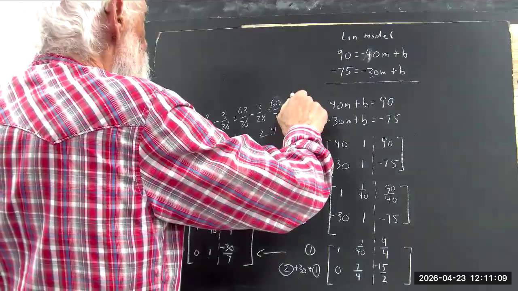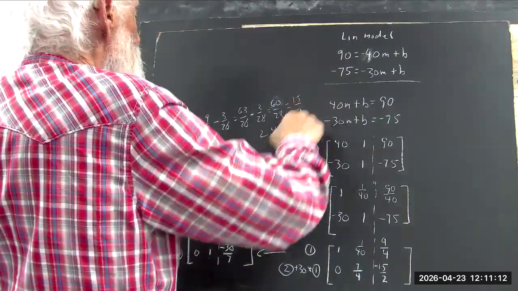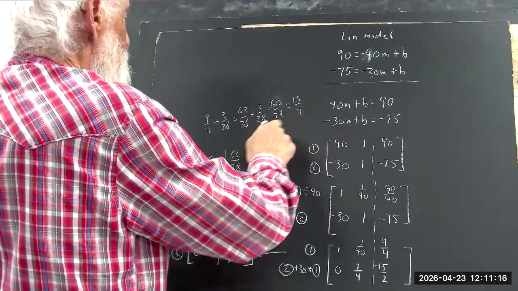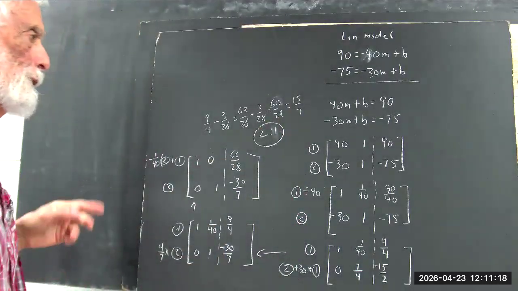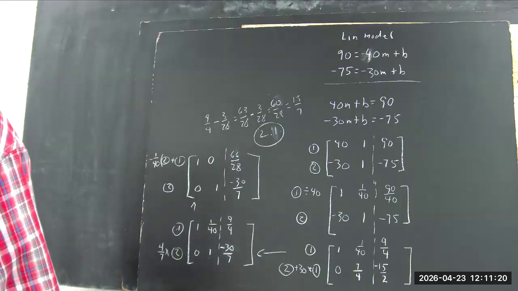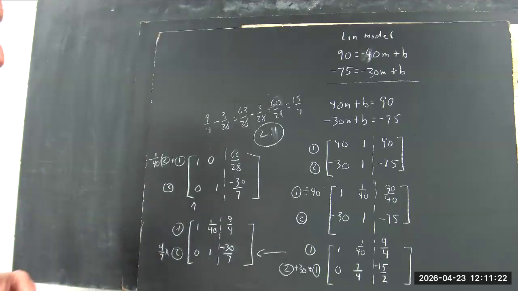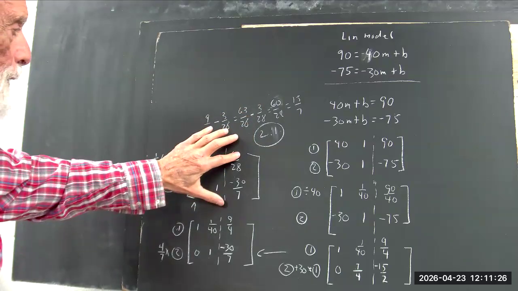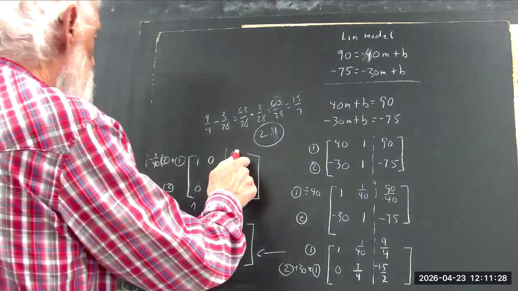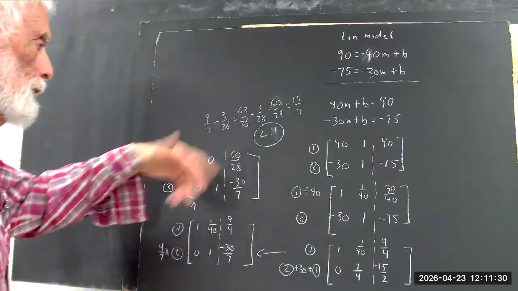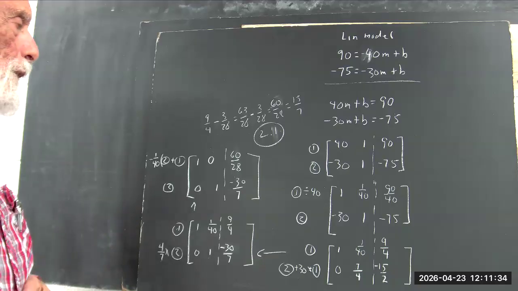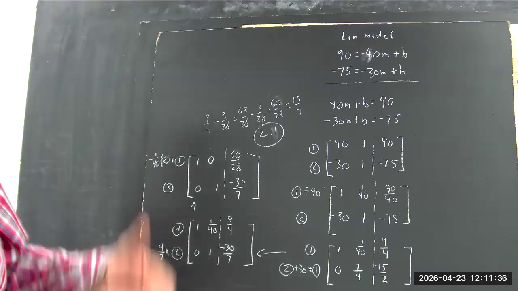And that reduces down to 15 over 7, which is about 2.1. That's interesting. Okay. So I was a little bit off there. So this should actually be 60 over 28, which reduces down to 15 over 7. And just a little over, it's like 2.14.